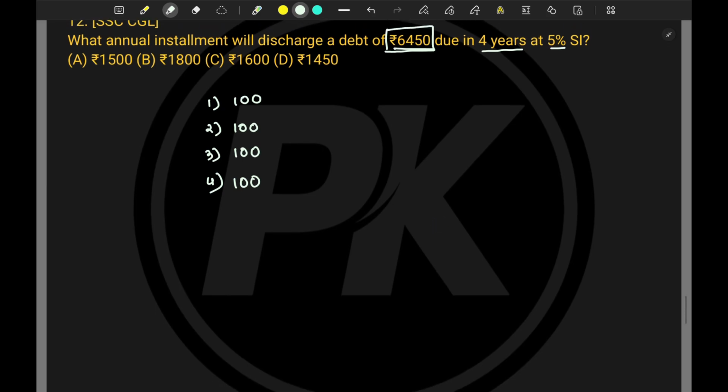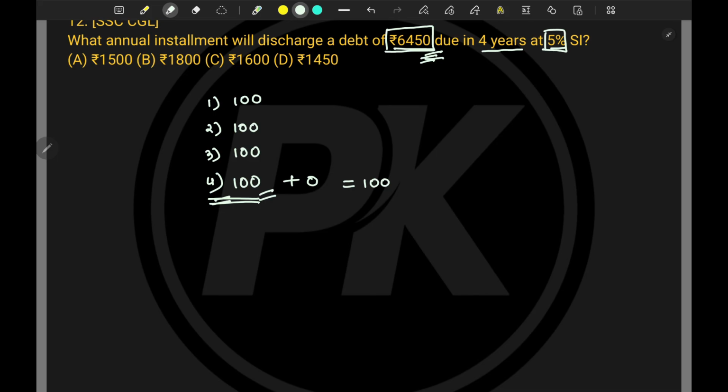When I am paying the 4th year amount, I am closing this loan, so I will earn 0% on this amount. Yearly the simple interest is 5%, but at the end of 4 years I will not get an interest benefit because I am closing it. So the total value I will pay is 100 rupees.